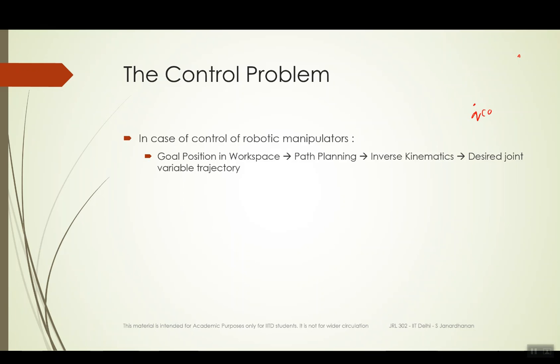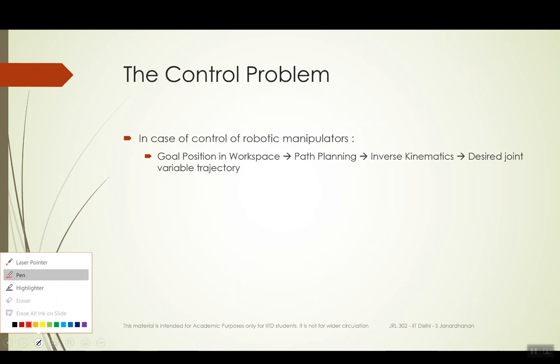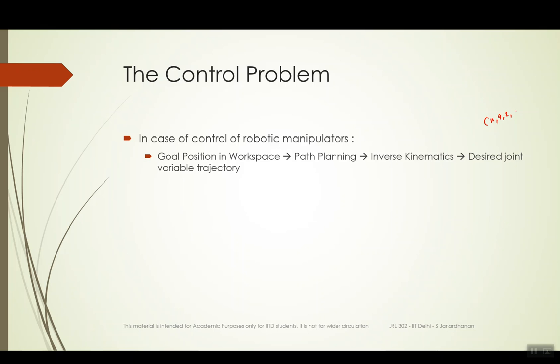So let us say you have q of 0 and q desired. You may have some xyz position or even theta phi psi, and you want to go to a desired final position.